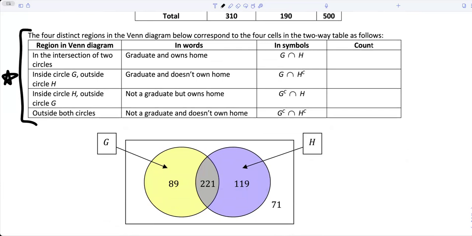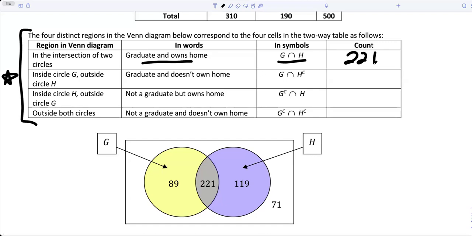So in the intersection of two circles, they are a graduate and they own a home, and we write this as G intersection H. How many are in this category? It's the intersection, so 221.